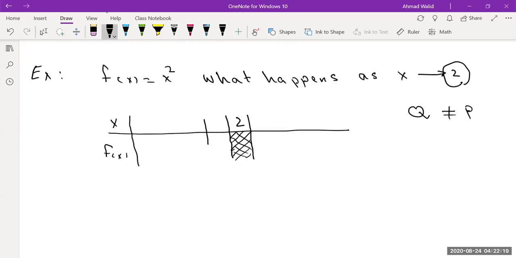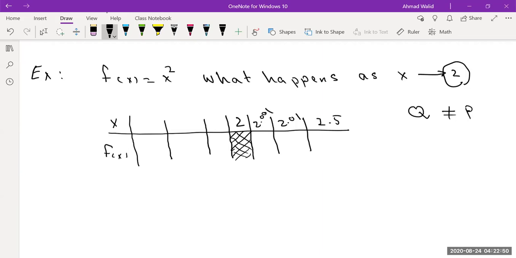Now, choose, for example, 3 values less than 2, but really close to 2. And also from the right side, choose 3 values, which is very close to 2. For example, I'll start with 2.5. Then I'll put here 2.01. Then I'll put here maybe 2.001, which is really close to 2.